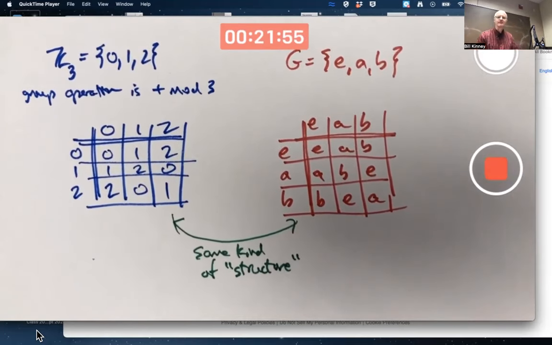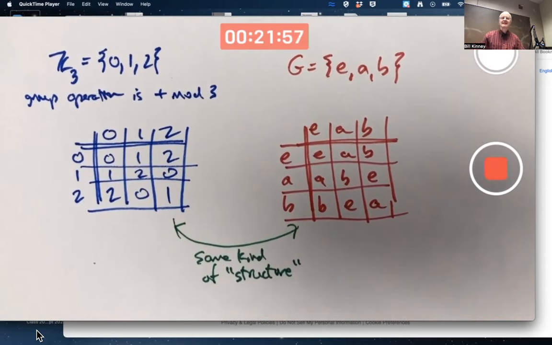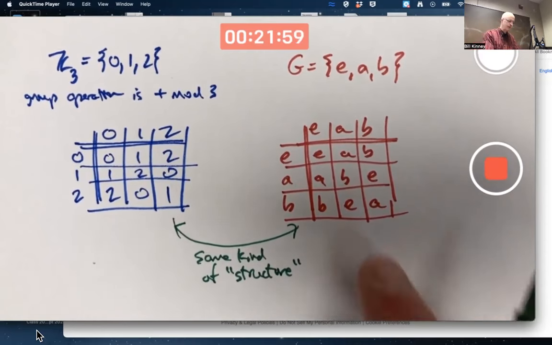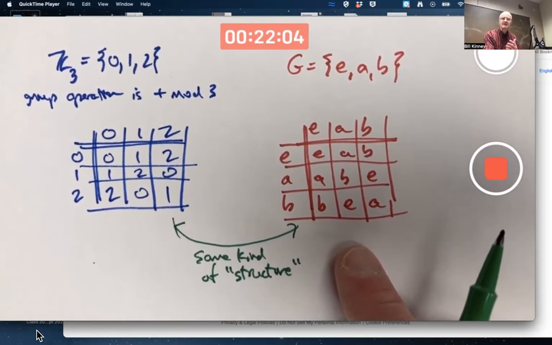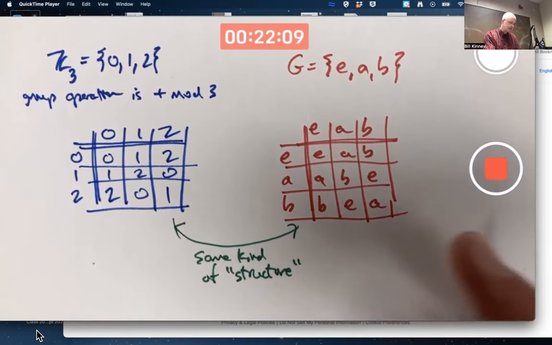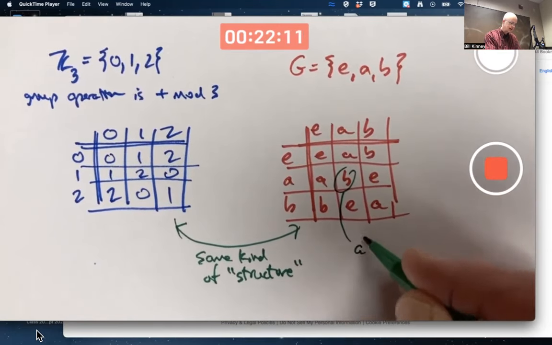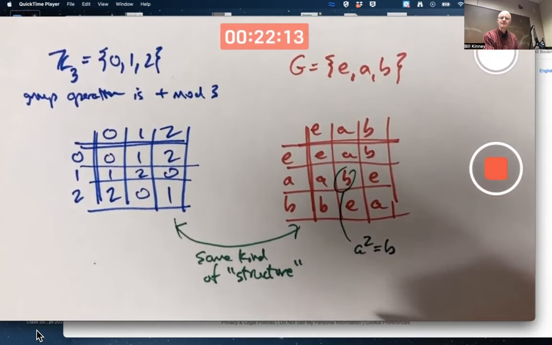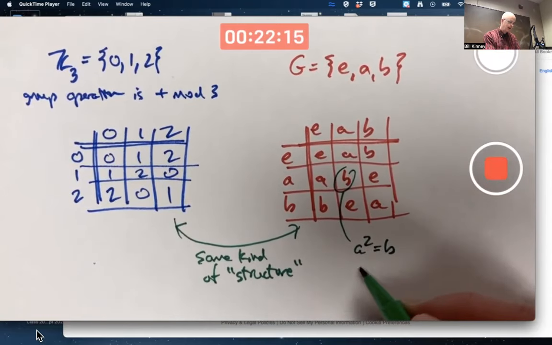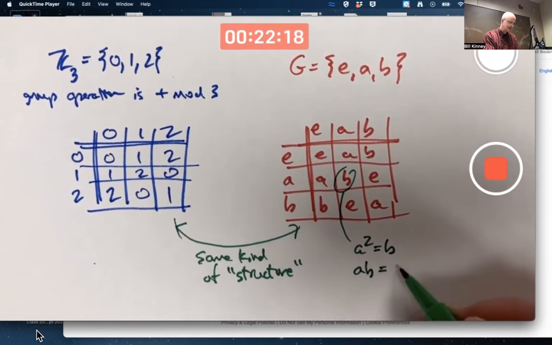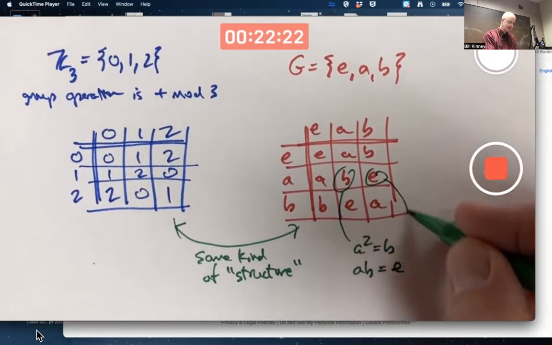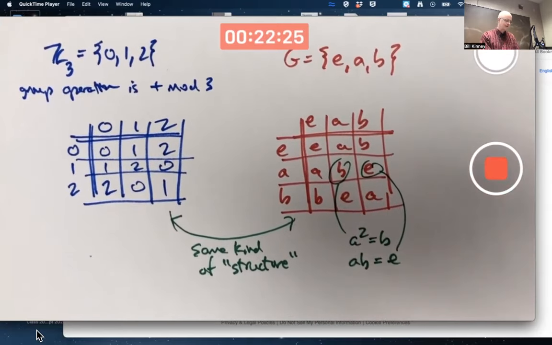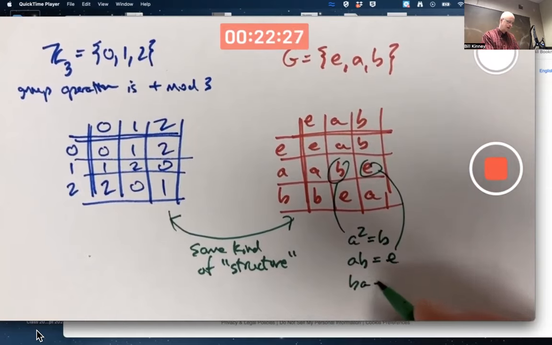These groups, while they are different as sets and different in terms of the operation, and I'm not even really saying what the operation is here, other than the Cayley table essentially defining it. A squared is B, for example. A times B is E. B times A is also E.